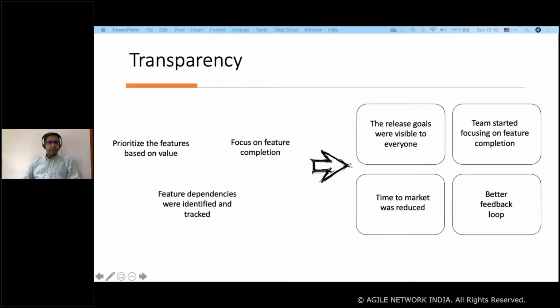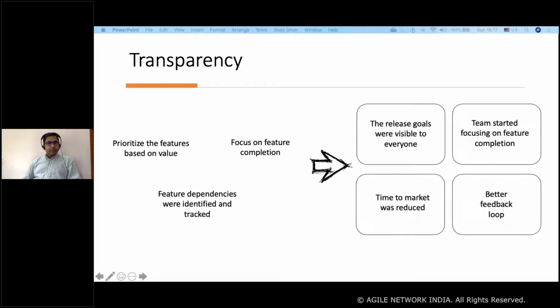Earlier they had pressure on a day-to-day and sprint-on-sprint basis, and they were not clear on where they were heading. They were just finishing off the stories pulled into the sprint, but had no clue what it was moving towards.